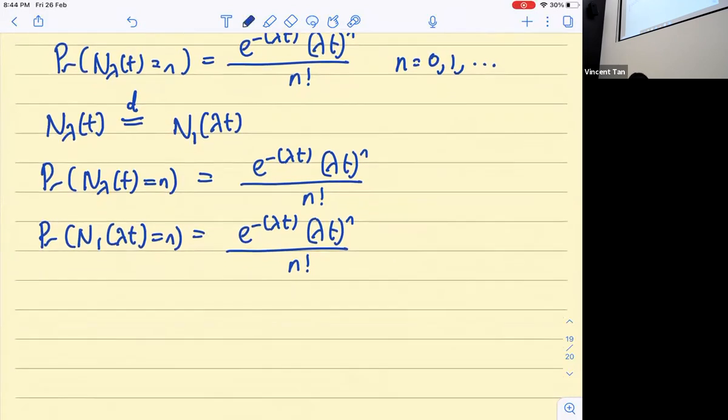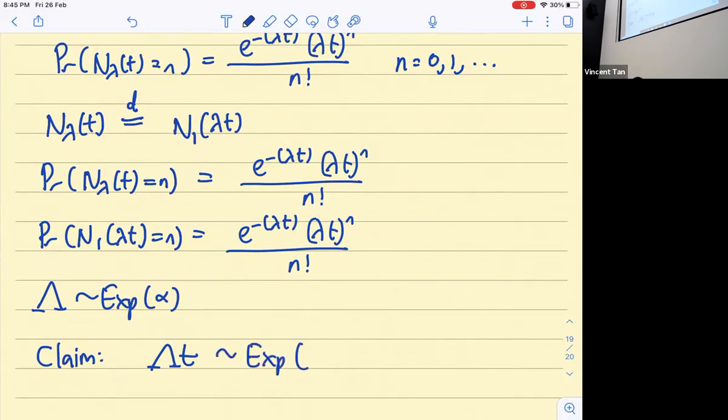Now, another fact of the matter here is that the random variable lambda was exponential alpha. And the claim here is that lambda times t, where t is a deterministic quantity, is exponential alpha over t. This can be shown by transformation of random variables. So we have a random variable that's an exponential. We take that random variable and multiply by a fixed number.